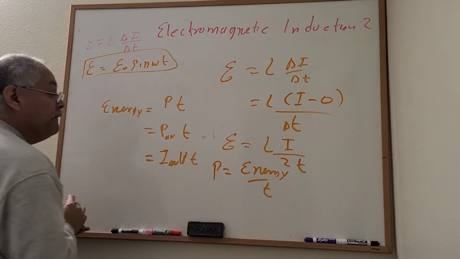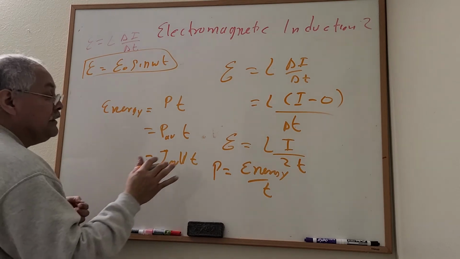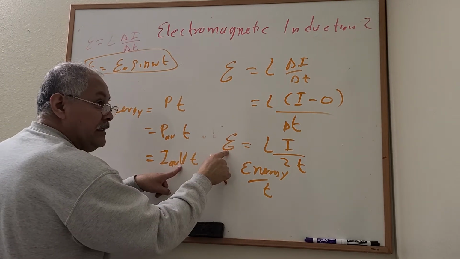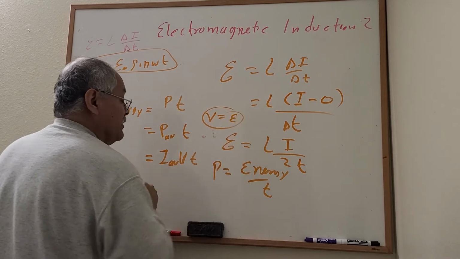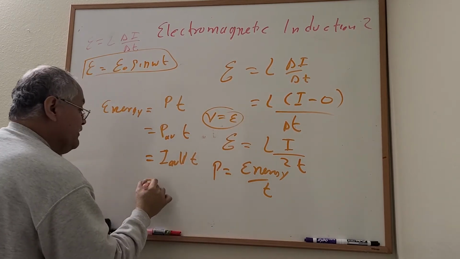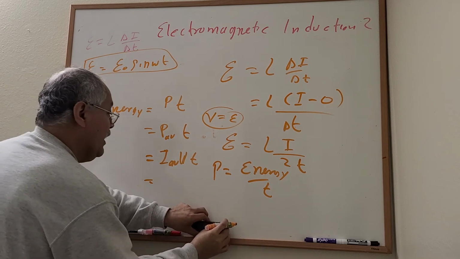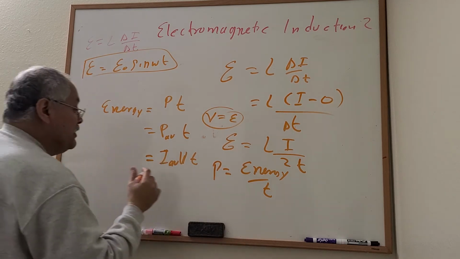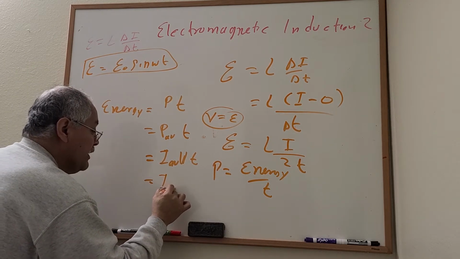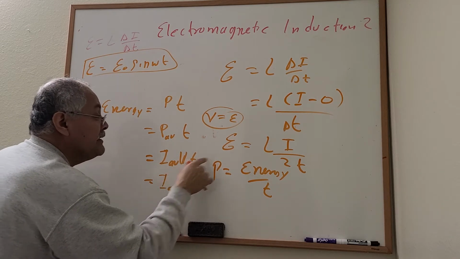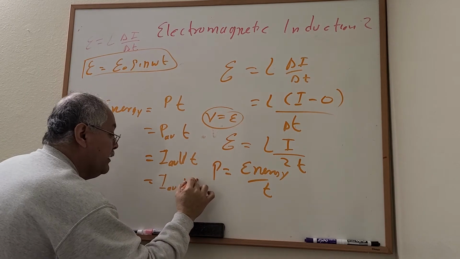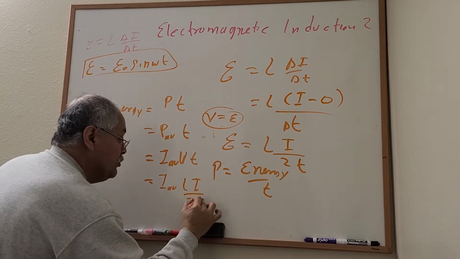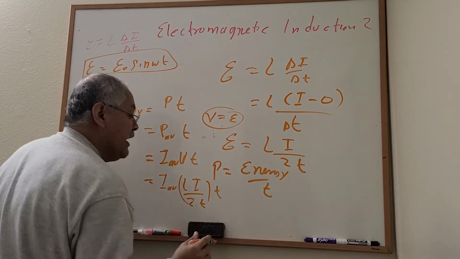Now, because the voltage right here is the electromotive force, voltage is the same as electromotive force. And what do we have? We have here that the energy is equal to average current times the electromotive force, which is L times current divided by 2T, times time.